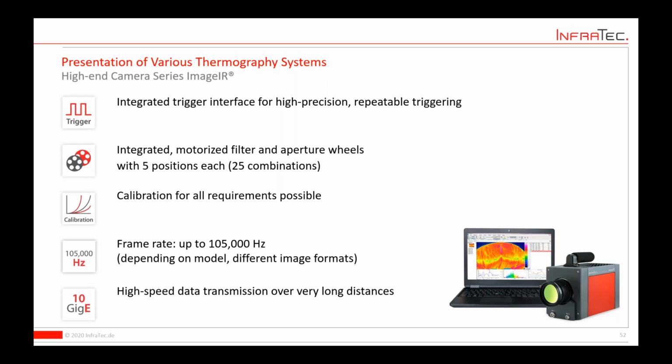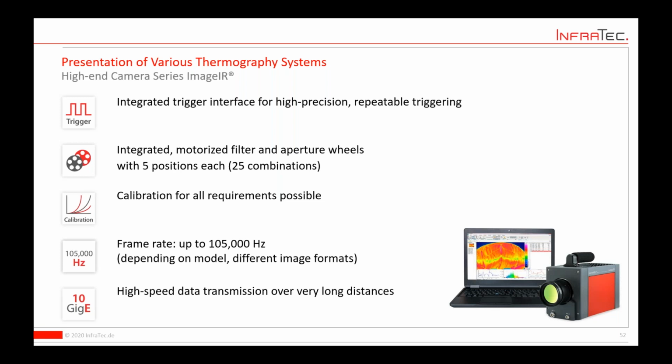Here you can see other unique features of our Image IR cameras. As I said, advanced triggering is a feature, and having multiple filter wheels for spectral imaging is a unique feature. We're really putting a lot of work into our calibrations. For instance, the cameras will be calibrated 3 times: one calibration at room temperature, one at lower camera temperatures, and one at higher temperatures.